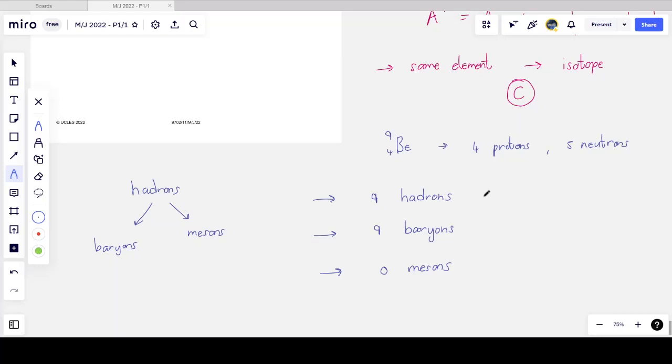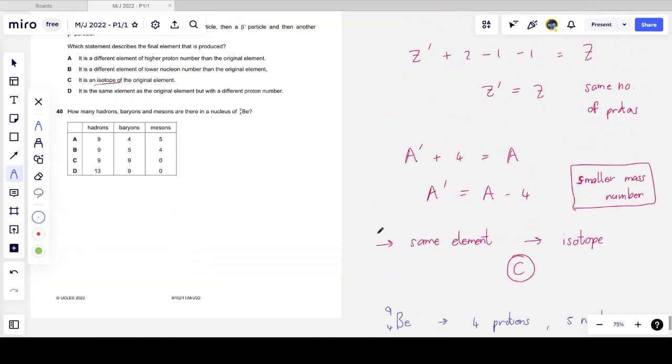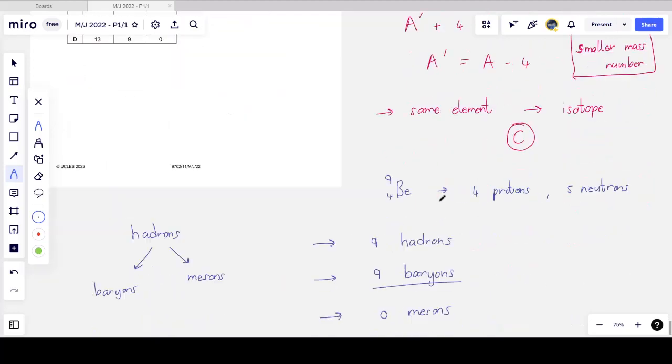Okay, and so there are 3 building blocks for a baryon, but 2 building blocks for a meson. But protons and neutrons both have 3 building blocks, and so they are baryons. So we have 9 hadrons, 9 of those are baryons, and 0 mesons. And so this corresponds to option C, 9, 9, and 0. And so the correct option is C.